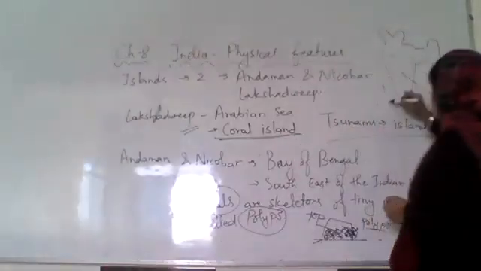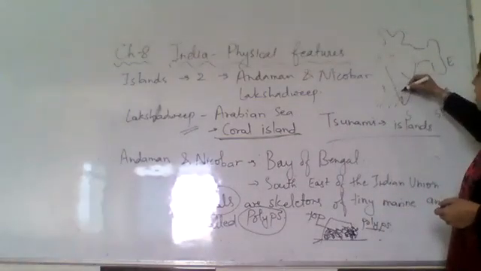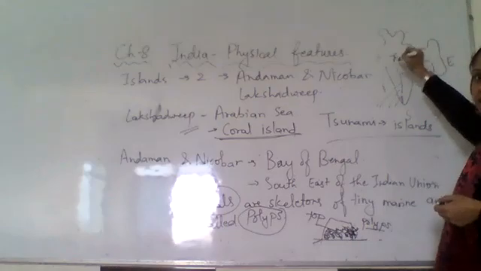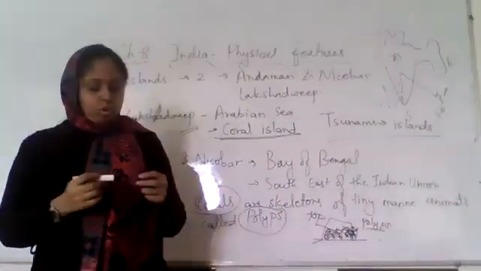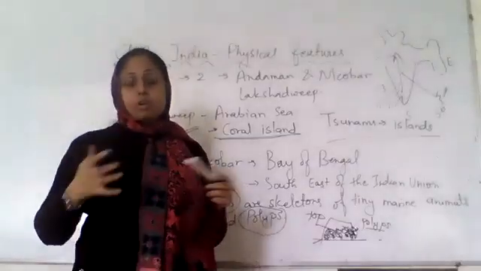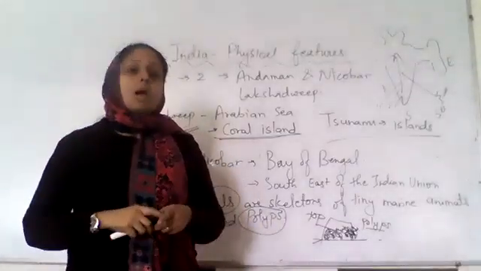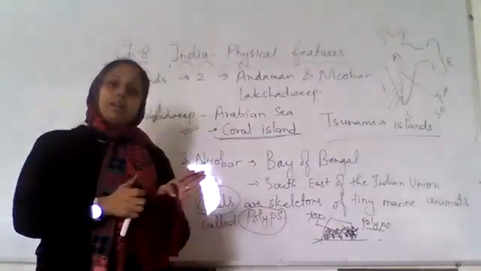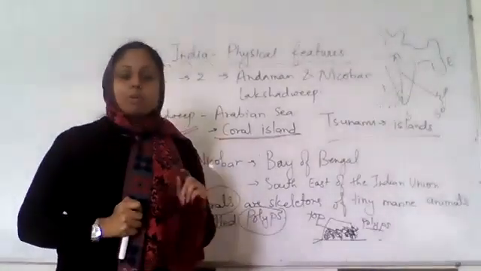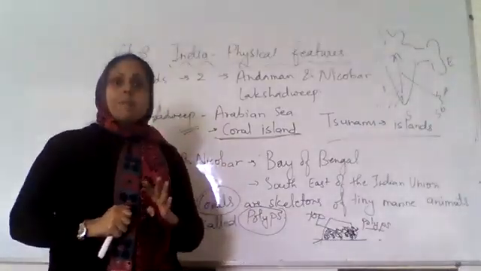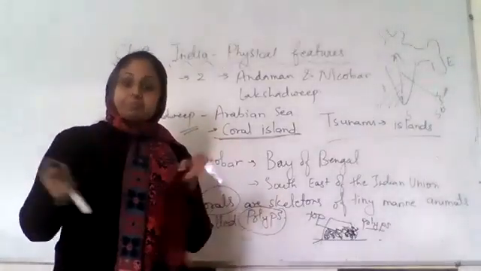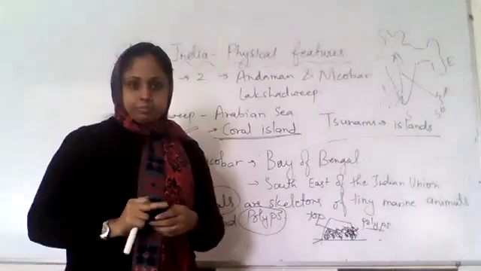Suppose a tsunami happens here on the mainland, at least people can go inland. But on an island, water is there from everywhere, so they cannot. It is very difficult. A lot of destruction happens when there is a tsunami on the island. One such tsunami was in 2004, which caused a lot of destruction on the islands. Many parts drained into the water.